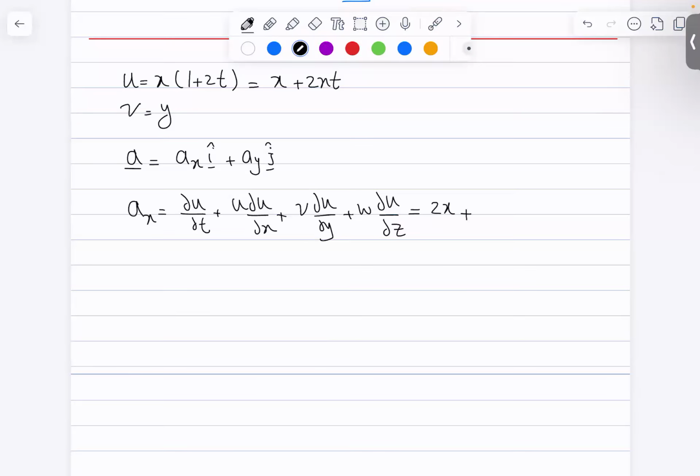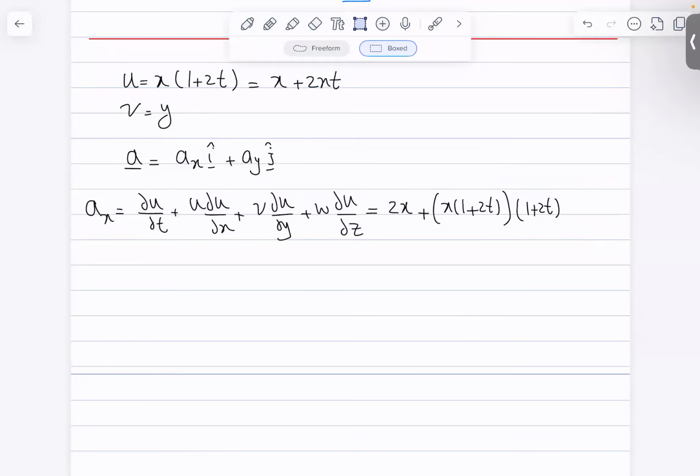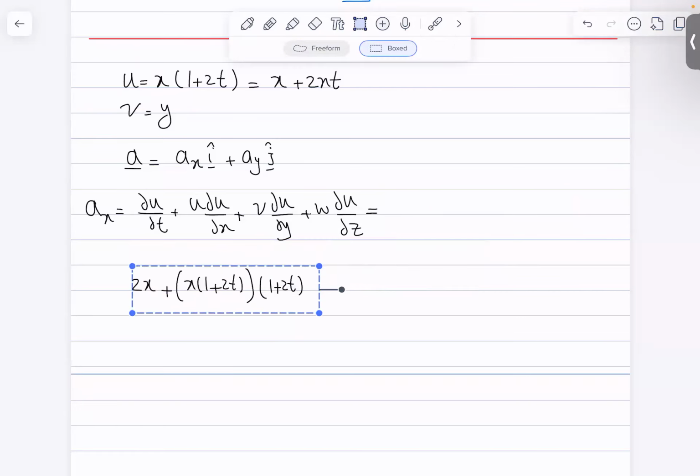Okay, plus u, which is again x times 1 plus 2t, times du/dx, right? And du/dx is 1 plus 2t. Okay, so that is u du/dx. Actually, let me write this all down here, like a mapping to each term.